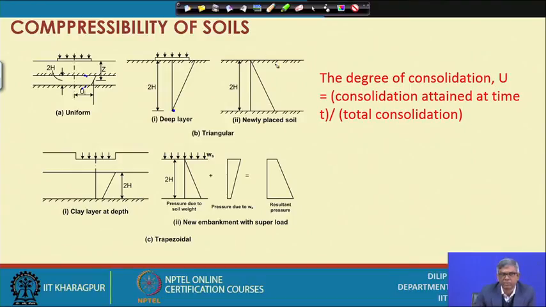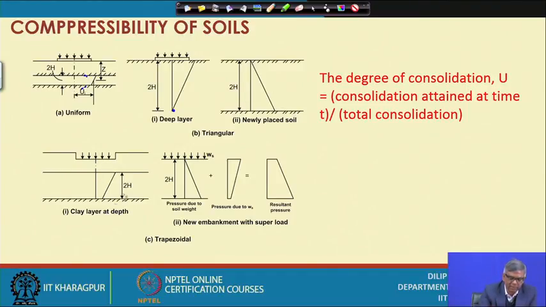Similarly, if it is a newly deposited soil, because of the soil weight only, it will be more compact here and looser there. So, at these places pore pressure will be dissipated immediately, and because of that, when you go deeper and deeper, pore pressure intensity will be more.